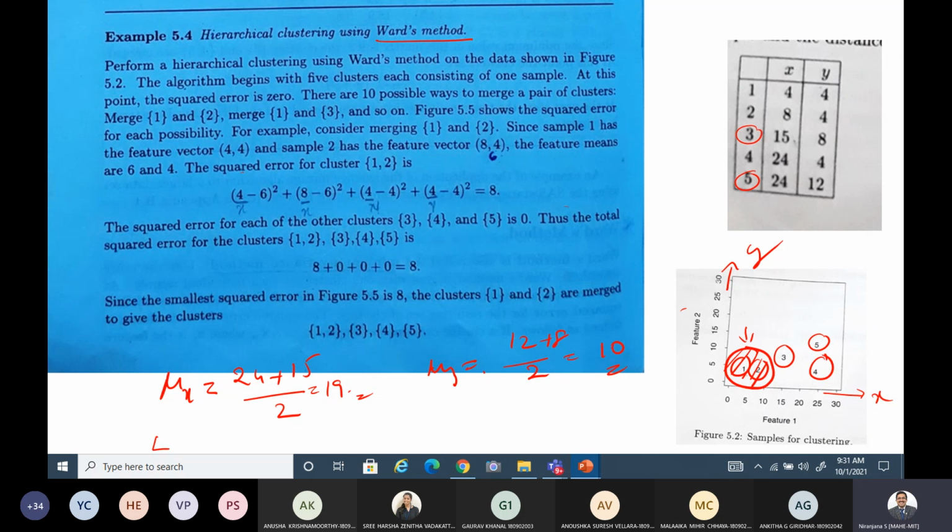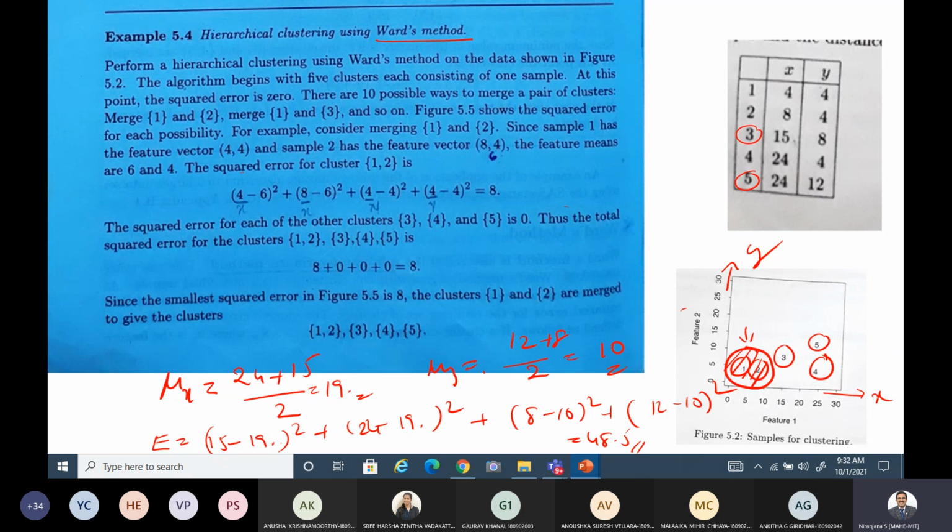Error is nothing but 19 point something minus 15 whole square plus 24 minus 19 point something whole square plus 8 minus 10 whole square plus 12 minus 10 whole square. So 48.5 you are getting, right?